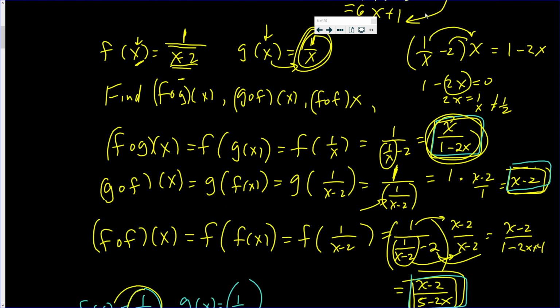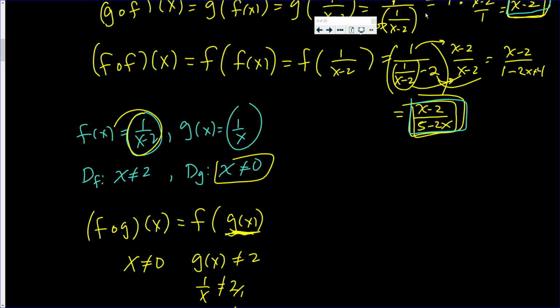It doesn't say it over here. It doesn't say x can't be 0. Because 0 over 1 minus 2 times 0 is 0 over 1, which is 0. x cannot be 0. So we already know that x can't be a half. So maybe we should also say x can't be 0.